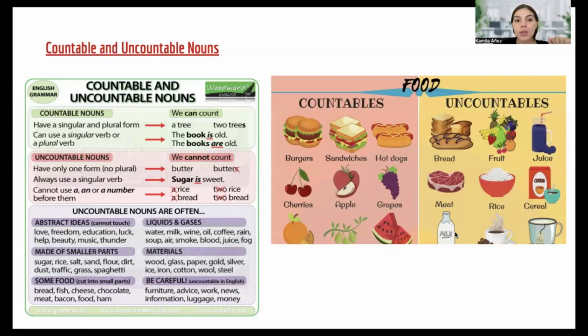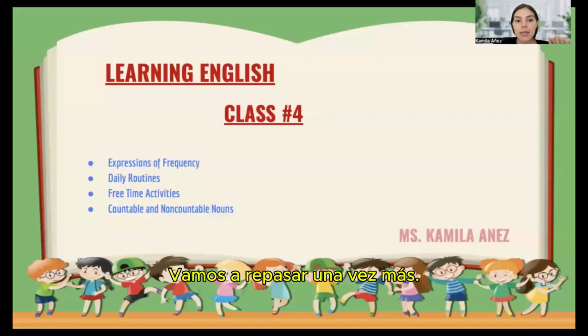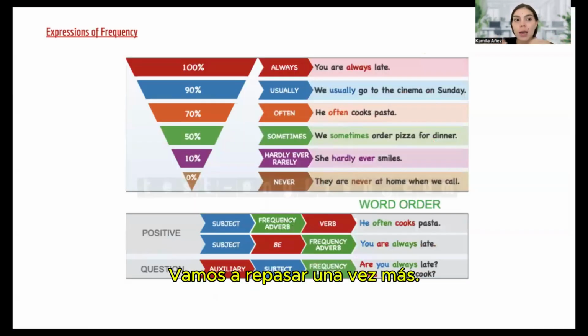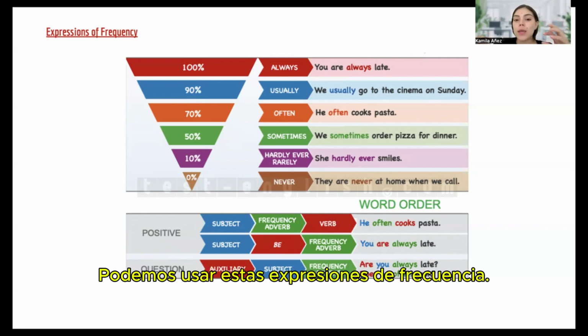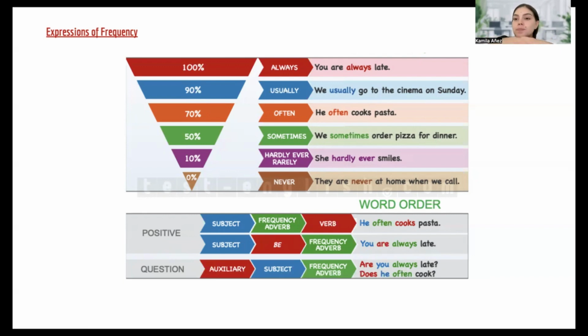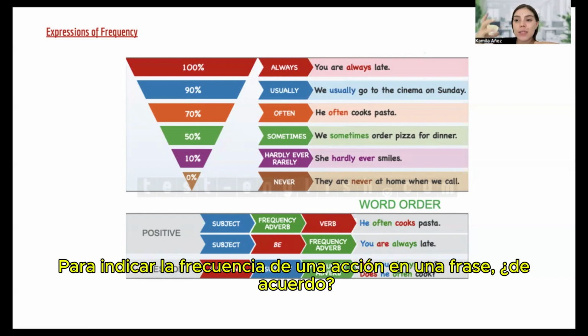All right. So let's take a review one more time. Expressions of frequency. We have 6 expressions of frequency. We have always, usually, often, sometimes, hardly ever or rarely, and never. We can use these expressions of frequency to tell the frequency of an action in a sentence.